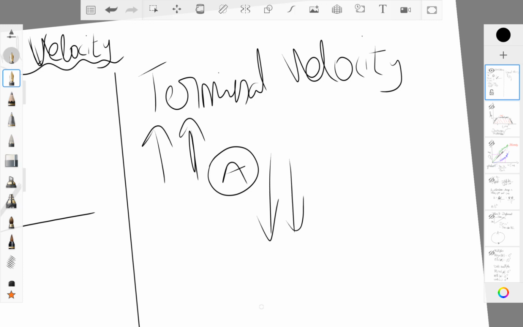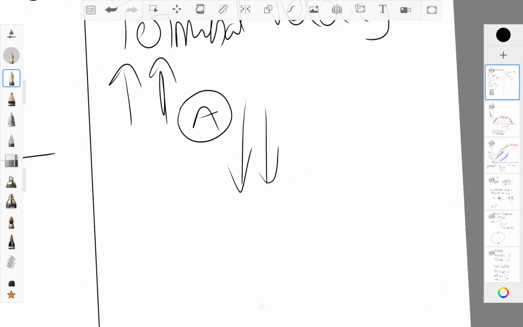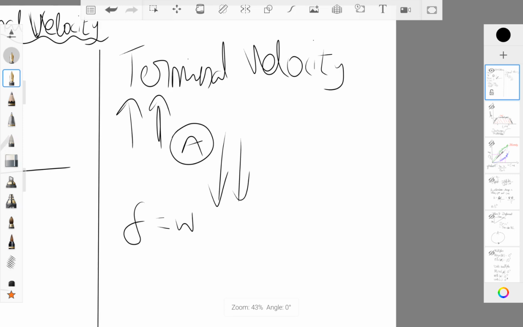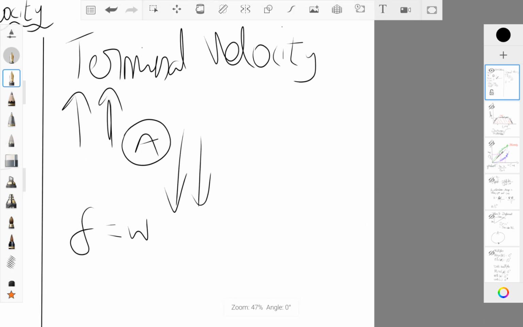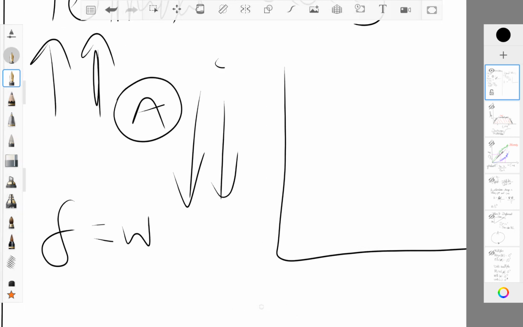At a certain point, the air resistance is going to equal the weight of the object. So you would have a situation like this. The air resistance, which is a force, will equal the weight of the object. And at this point, there's no resultant force acting on the ball, causing the ball to fall at a constant velocity. So graphically, you could represent this on a speed time graph.